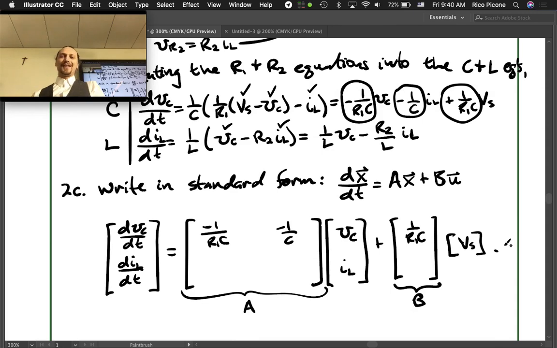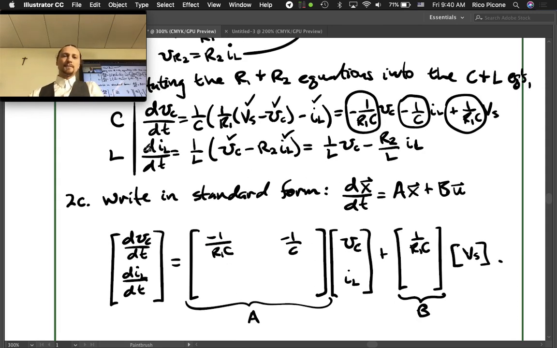So the lower equation, we have dIL/dt equals VC's got a 1 over L coefficient, so 1 over L, and IL has a negative R2 over L coefficient. And there's no VS here, right?